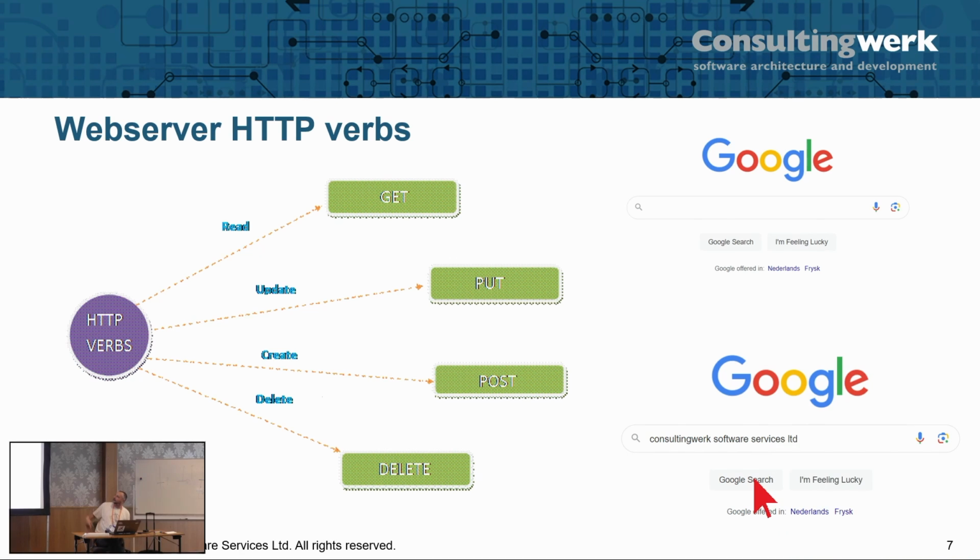When you first open the Google page, you do a GET to get a website. When you then, for instance, search for Consulting Work Software Services Ltd. and you press the Google search, you do a POST action to a web server. And with that POST, the information is on the server and Google can do something with it.